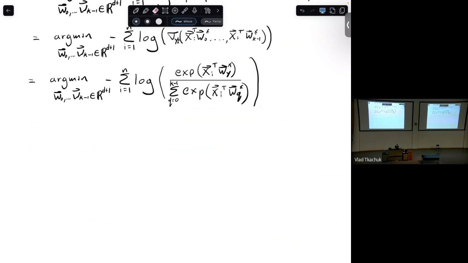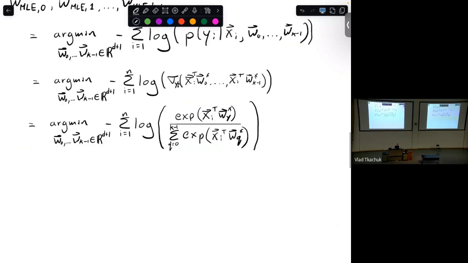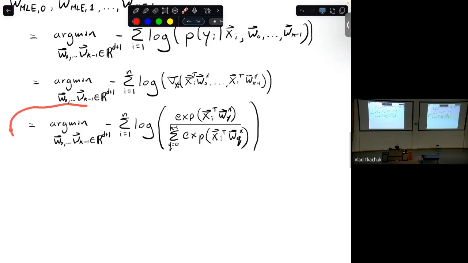Great. And then at this point, it's just a matter of really solving this minimization problem.